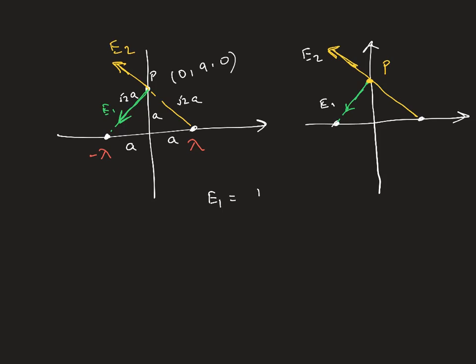Magnitude wise, E1 equals E2 equals 2k lambda by the distance. And what is this distance? Both distances are root 2a. So it is 2k lambda by root 2a.